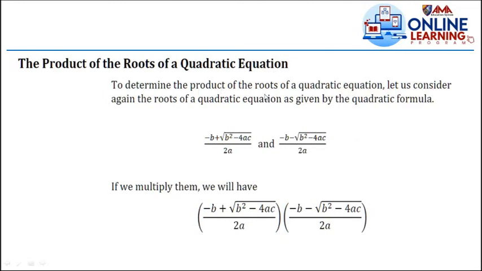To determine the product of the roots of a quadratic equation, let us consider again the roots of a quadratic equation as given with the quadratic formula. So dito, ito yung negative b plus the square root of b squared minus 4ac all over 2a and negative b minus the square root of b squared minus 4ac all over 2a.